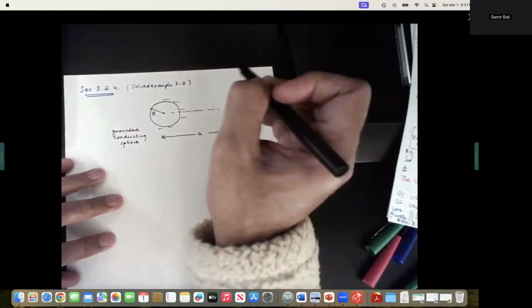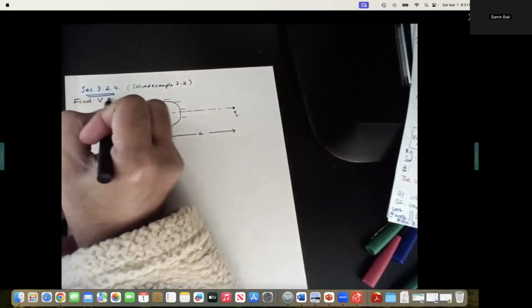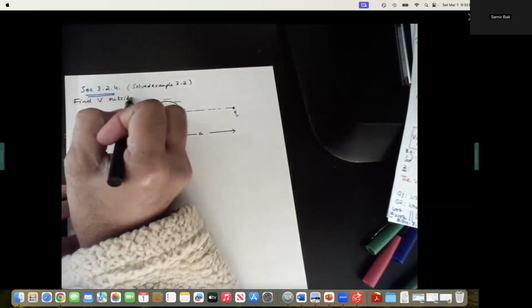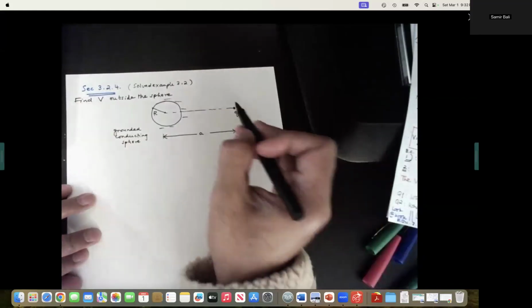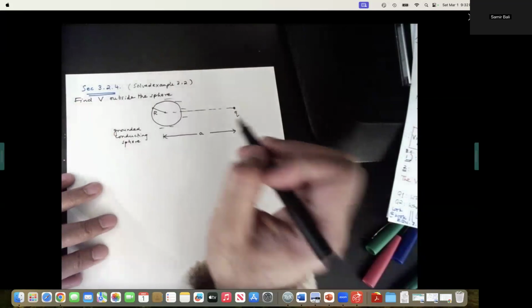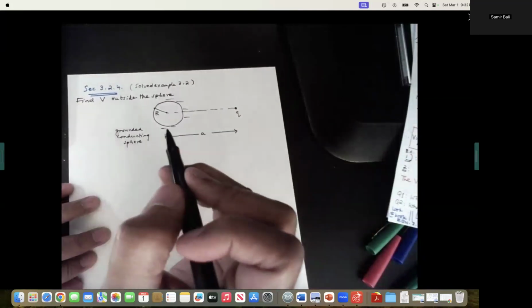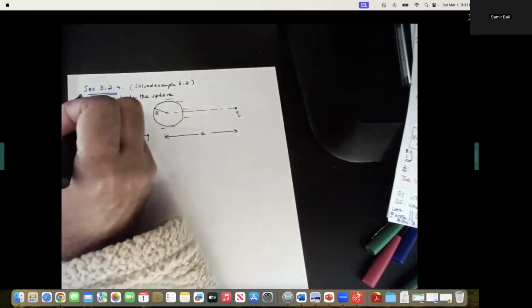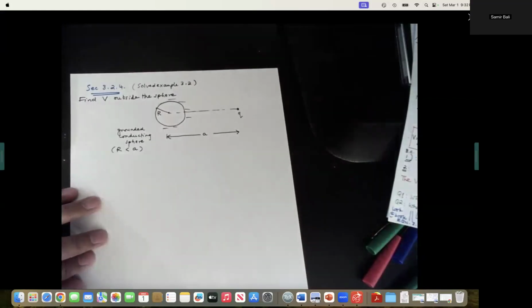So in this case, find the potential outside the sphere when this charge is brought near this grounded conducting sphere. Okay, and in this case, the radius r is less than a.